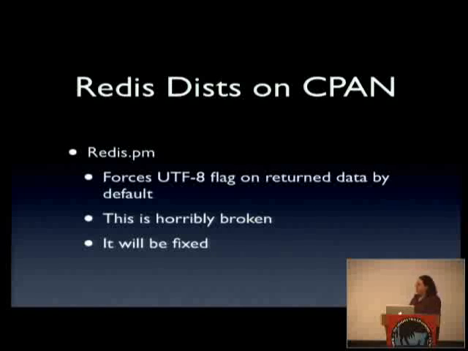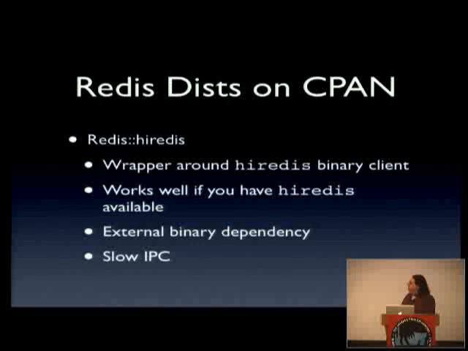I looked just last evening, and the documentation now says, it might have said this before, but I've forgotten, that in a future version, this will be turned off by default, which is a good thing. But right now, if you're dealing with binary data or character data in other encodings, you have to make sure to turn that off if you're going to use Redis.pm.